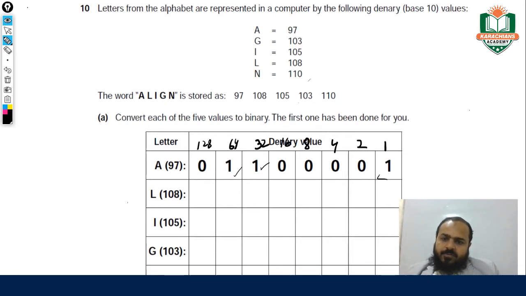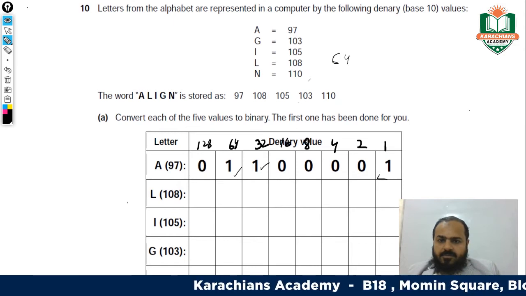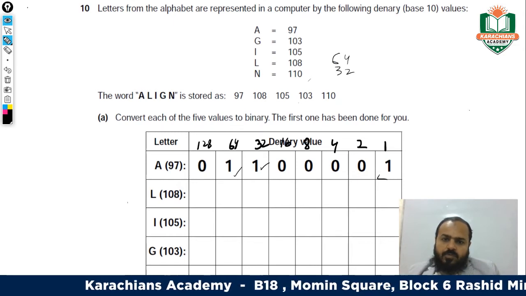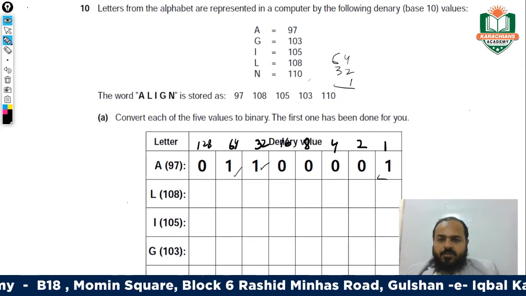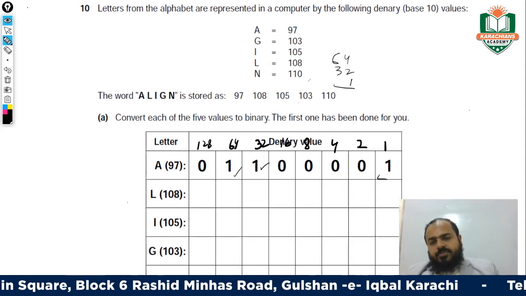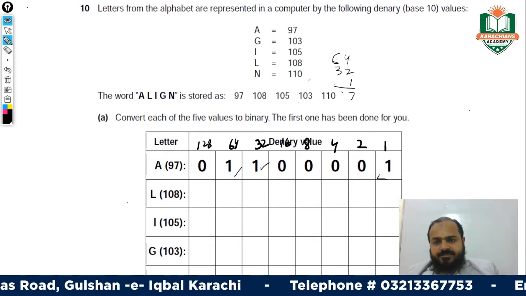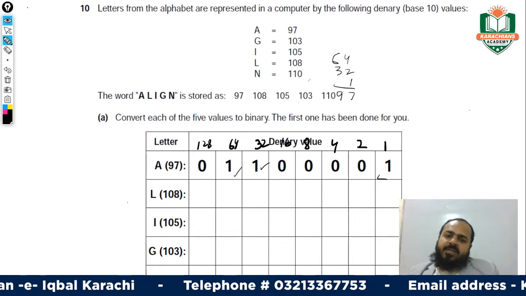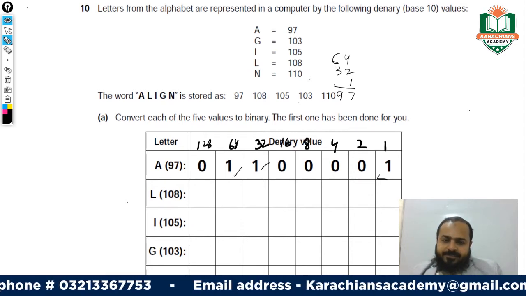So what we do, if we add 64, 32, and 1: 64 plus 32 is 96, and 96 plus 1 is 97. It becomes 97. So we are applying this method to all the numbers, like we have 108.